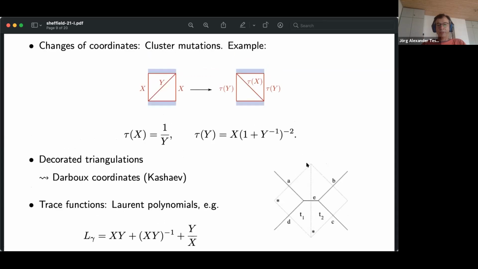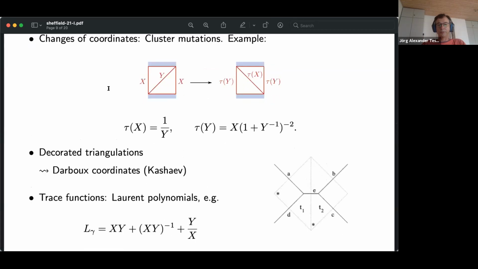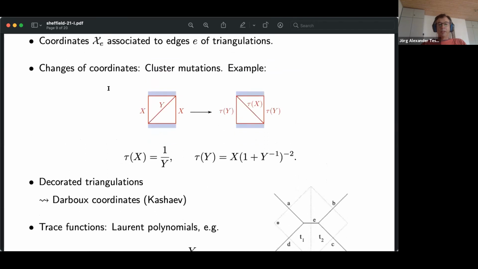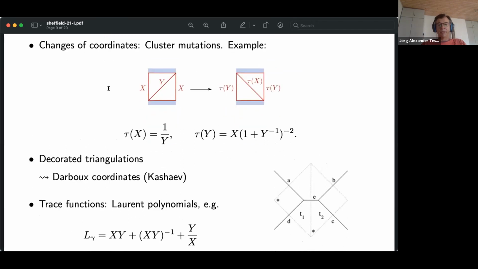The way the game works is to associate one complex number to each of the edges of such a triangulation. There are some relations between them, and there's a little bit of a story of how to reduce it to the 2 coordinates that correspond to fixing the parameters at the punctures, but I don't want to talk about this.